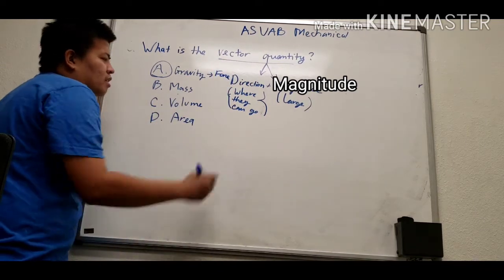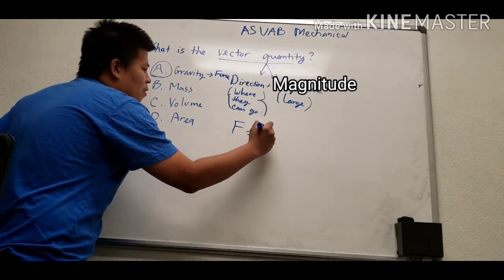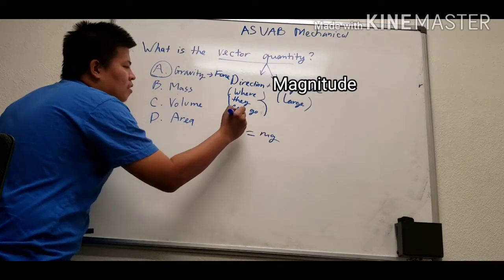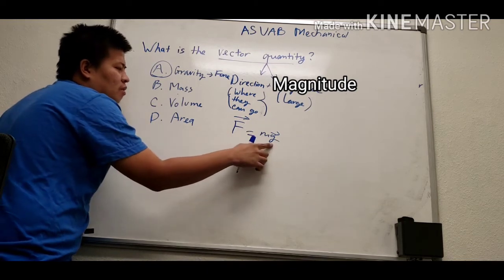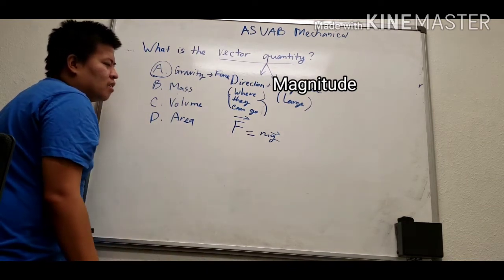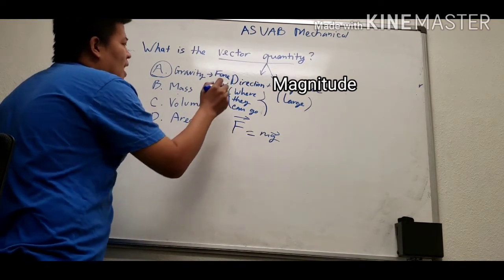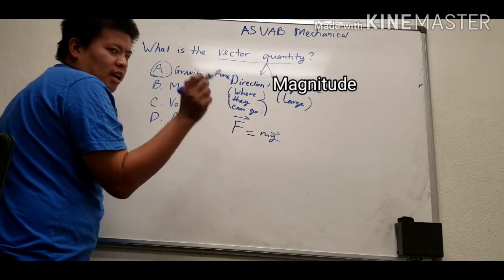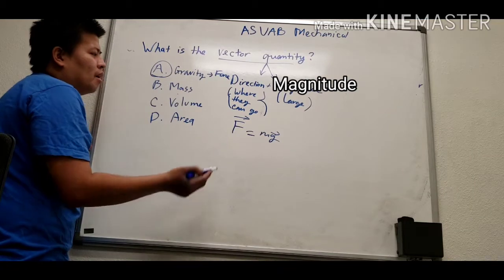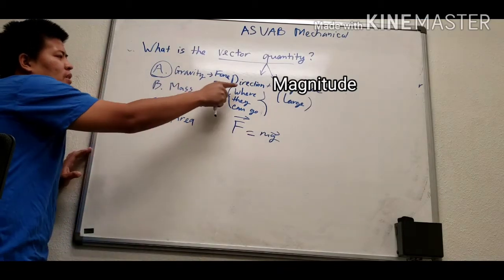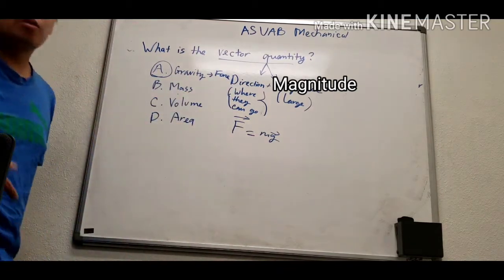We know that the force has a vector, and gravity has a vector. So they have the direction because they can go anywhere. The magnitude is how large the force is. So we need to have the direction and the magnitude together.